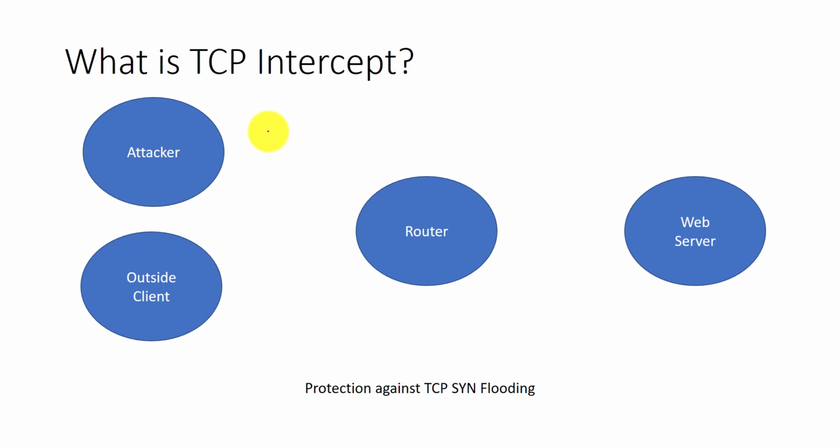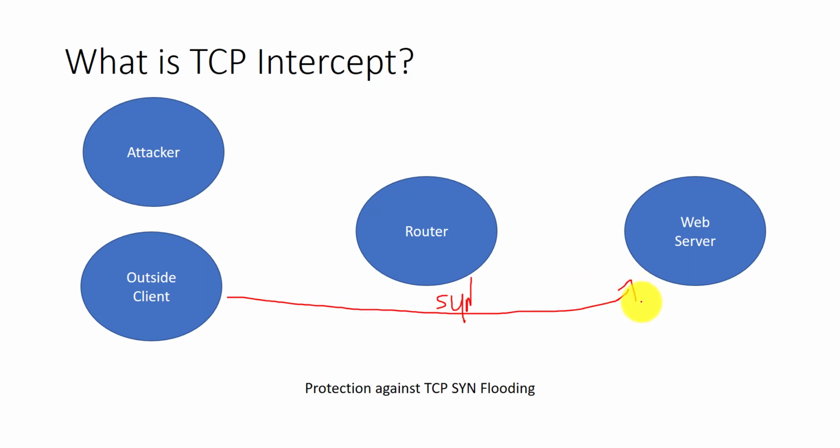So hopefully you're all familiar with the concept of the three-way handshake. Let's go through it first in brief. Let's say our legitimate client on the outside wants to establish a session with the web server on the inside. The outside client would send a SYN packet. Apologies for the writing, I'm not using a pen.